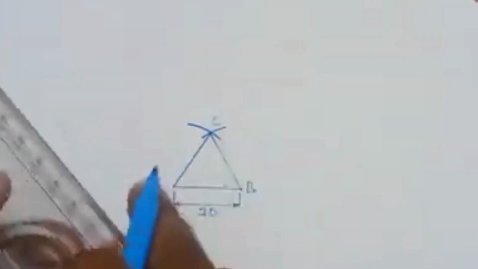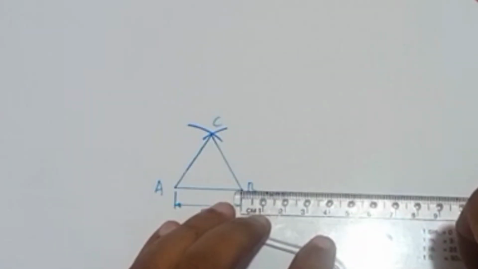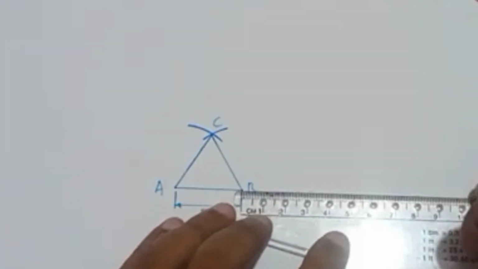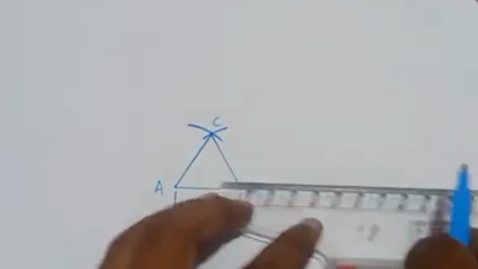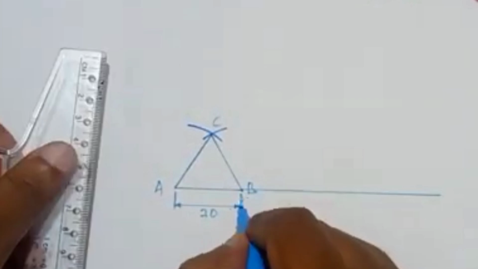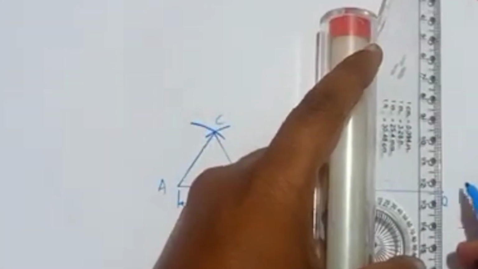So the peripheral length we can draw here, from the end of B. It is 90 mm. Then name this PQ. Show the dimension.